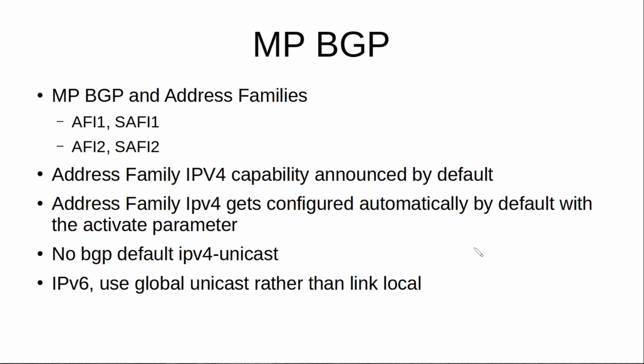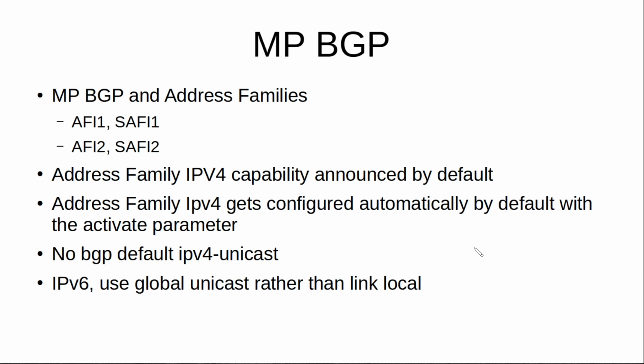So the configuration changes a bit because in plain vanilla BGP you only establish the IP address of the peer and the autonomous system, but with multiprotocol BGP you have to also create an address family mode, and within the address family mode you have to enter the peer name, the peer IP address, and the activate parameter.